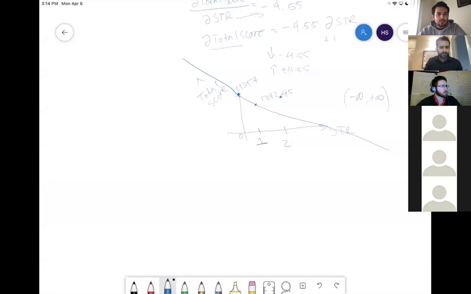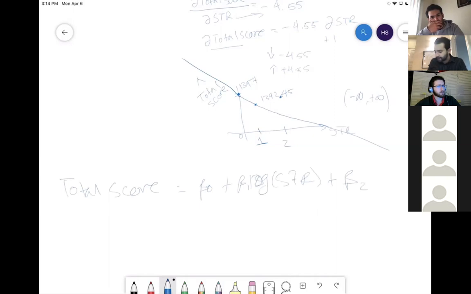Nonetheless, let's focus in on this really quick. We have the total score is equal to beta 0 plus beta 1 times log of STR plus beta 2 now times KK06. That's our new model.